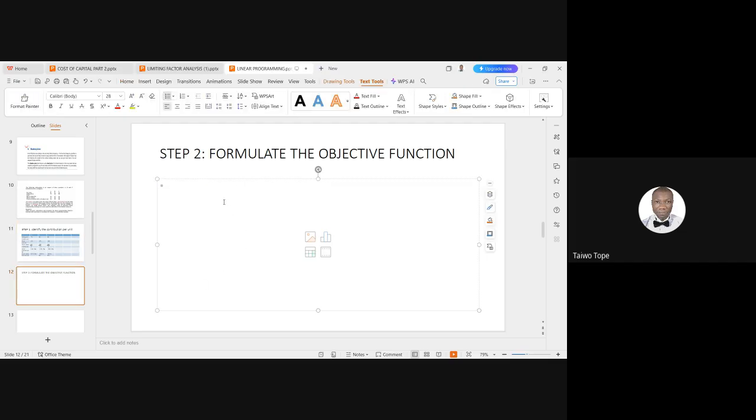So the objective function will be what? Maximize contribution. And what are the components of your contribution?